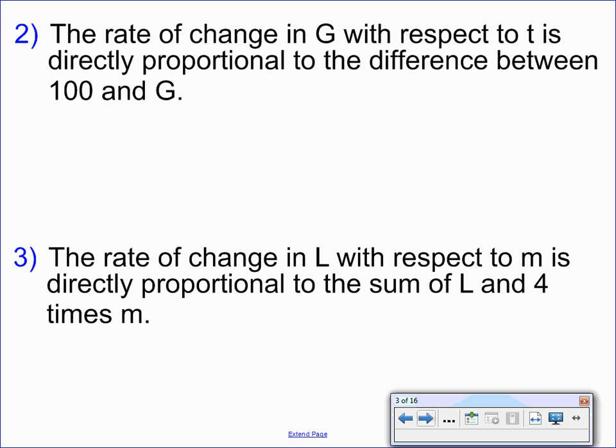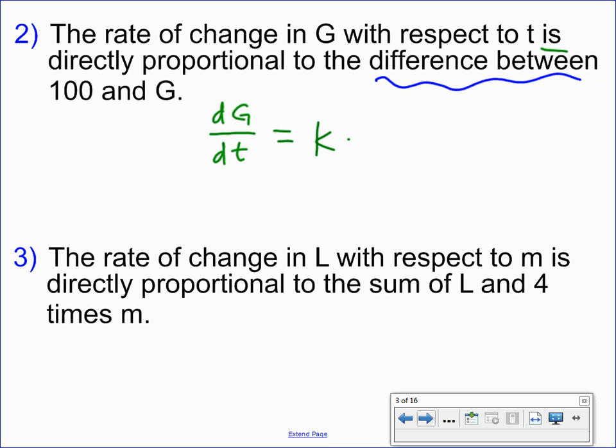So let's practice translating. The rate of change in g with respect to t, stop. Let's go ahead and write that with Leibniz notation. So the rate of change in g with respect to t, that would be dg/dt, right? dg/dt is, there's our verb, directly proportional to means k times, and then this time it's the difference between 100 and g.